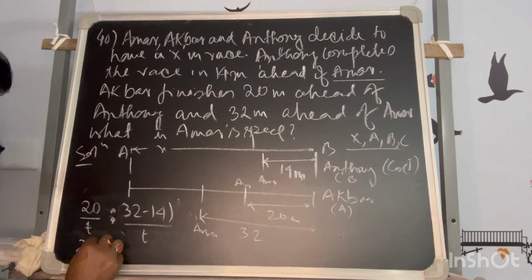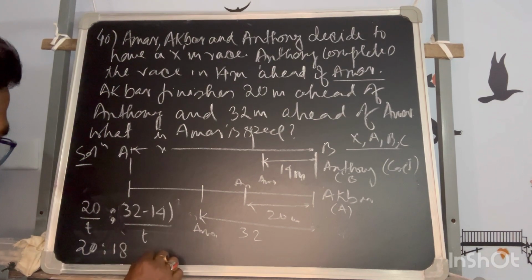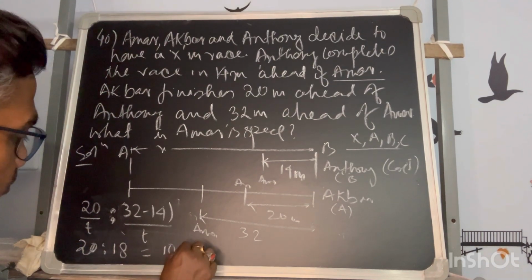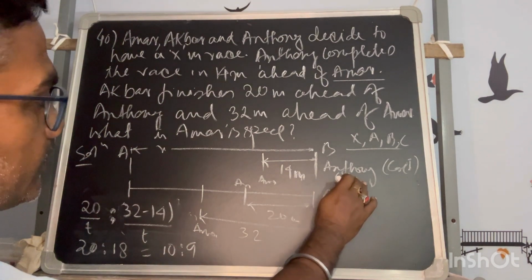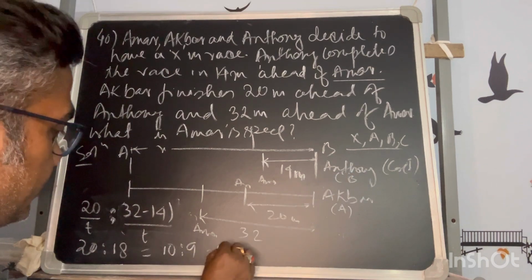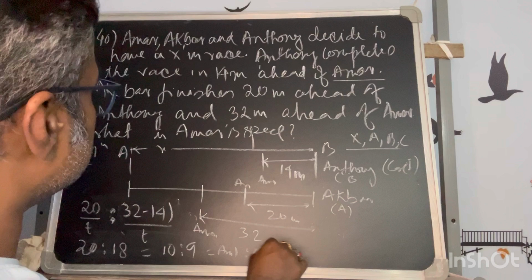This is 20 is to 18, so the ratio is 10 is to 9. The 10 is to 9 ratio will be the ratio between Anthony and Amar. This is the speed ratio.